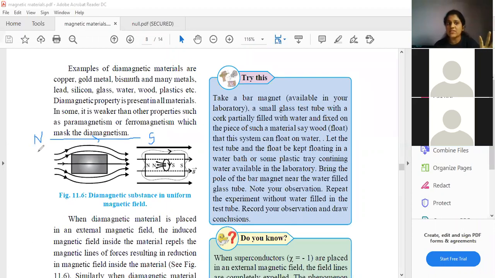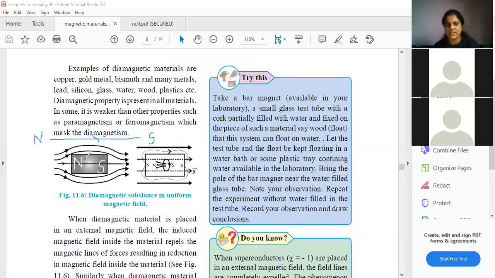Now the question is, why are the magnetic field lines near the diamagnetic material, near that block, becoming curved? Because inside that block, this pole is acting like a north pole and this side is acting like a south pole.